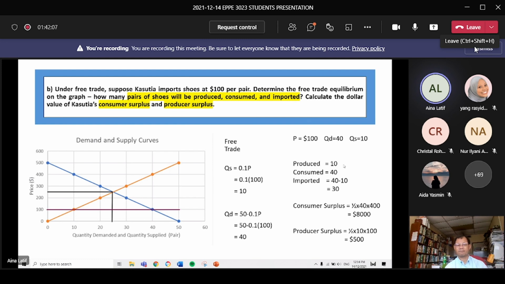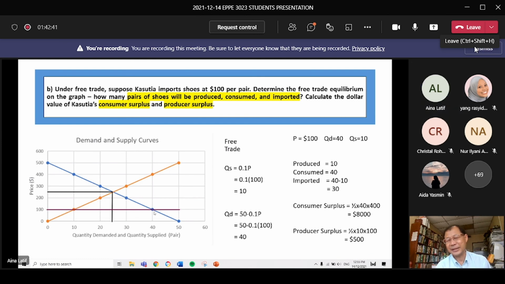For consumer surplus, the same formula applies. You can show it either using this equation or just from the graph. Look at the blue line, which is the demand curve. The intersection between the purple line, which is $100 under free trade, and the blue line is 40.